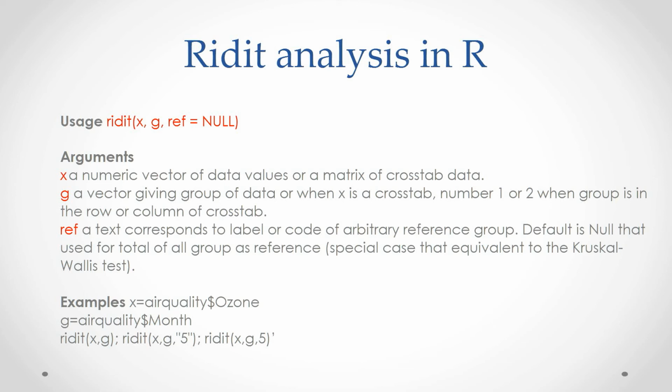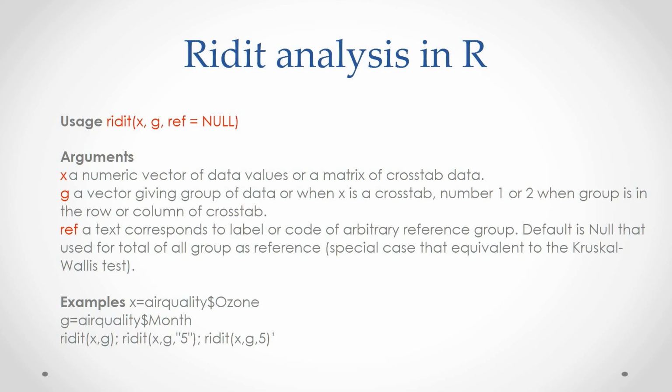G is a vector giving group of data, or when x is a crosstab, number 1 or 2 when group is in the row or column of crosstab. And reference is an optional argument which denotes the code or the label of the arbitrary reference group.